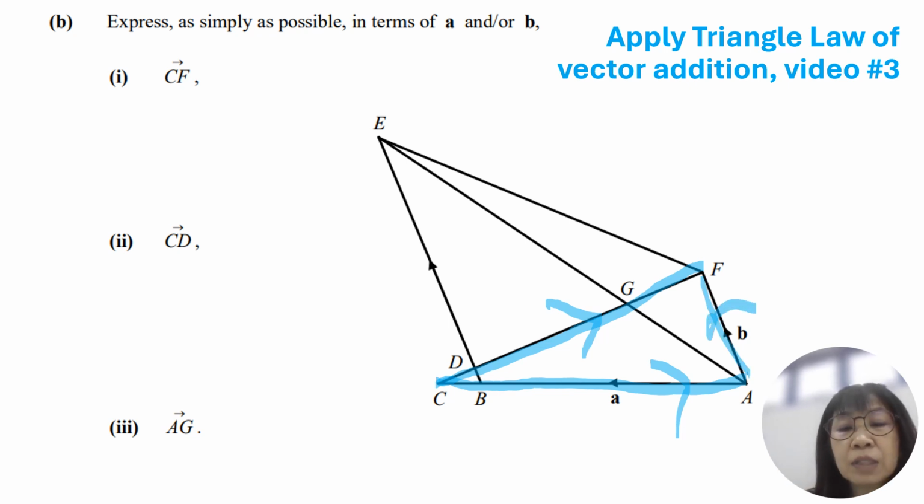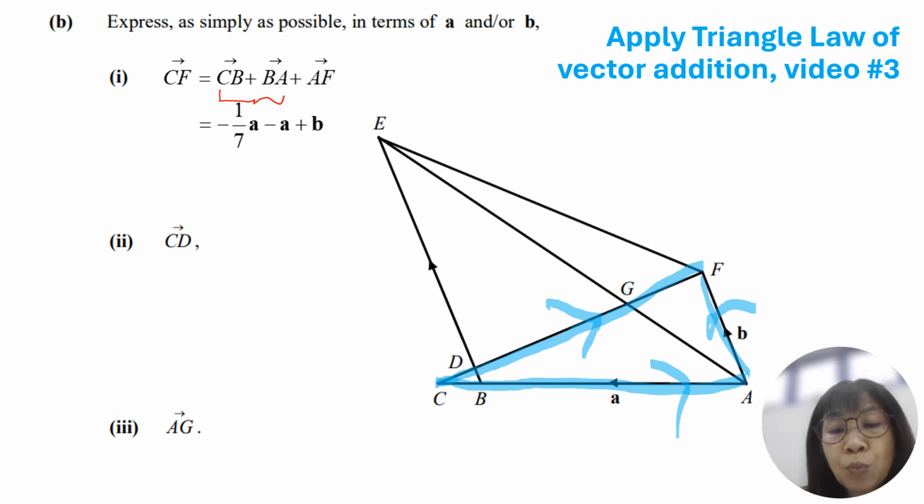That is the vector equation that we have. If we put all this together, you will see that CF is equal to CB plus BA, because CB plus BA itself is actually our CA. Then putting all this information together, early on we already have that BC is equal to negative 1 over 7a.